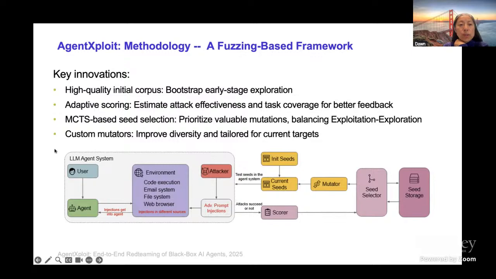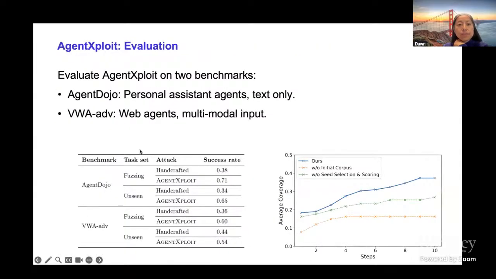We also include various custom mutators to improve diversity and tailor it for current targets. Essentially, the question is how to improve this process of taking the attack feedback and generating better seeds to inject these adversarial prompts into the agents.